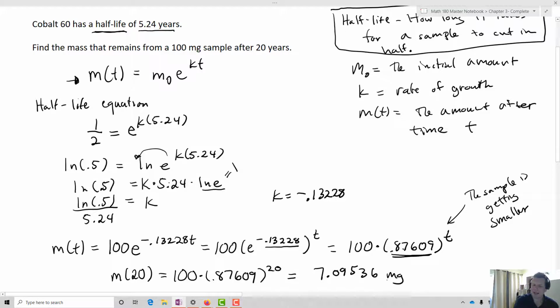So that's it. It's pretty much the exact same process as when we were doing exponential growth. The big difference is that we have a half-life equation if we want to use it, and the base of the exponent is less than 1, or the exponent for the e is negative.